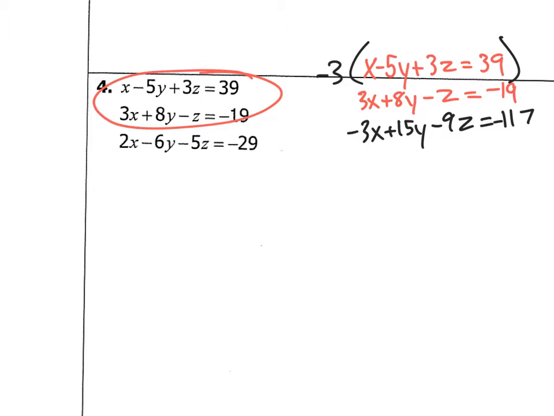All right, so now that I've multiplied by -3, I'm just going to cross that out just because now I'm dealing with just these two, right? Because once I multiplied by -3, this is now my first equation just modified. So I eliminate the x's.